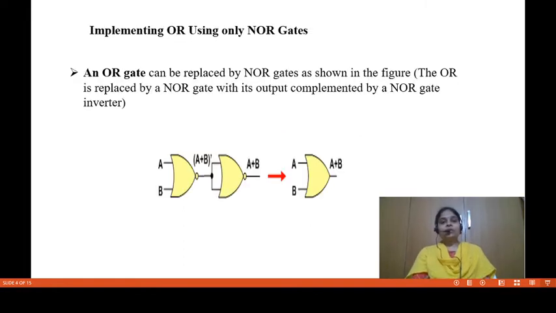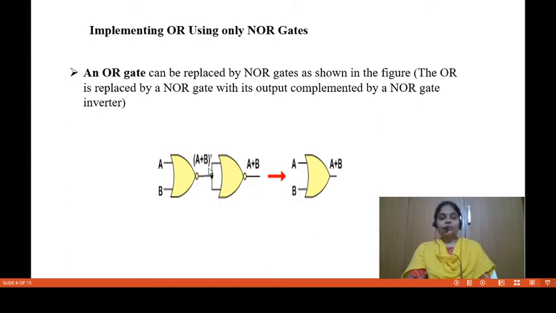Next, implementing OR using only NOR gates. An OR gate can be replaced by NOR gates as shown in the figure. Here you can see the diagram, and only two NOR gates are used. For the first NOR gate, inputs are A and B. What is the expression you will get? A plus B whole complement. The output of the first NOR gate is connected as the input to the second NOR gate.